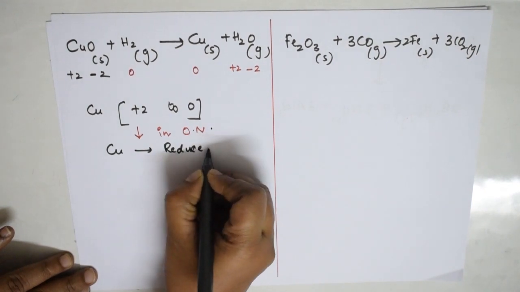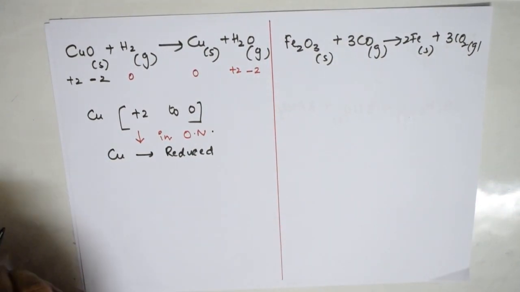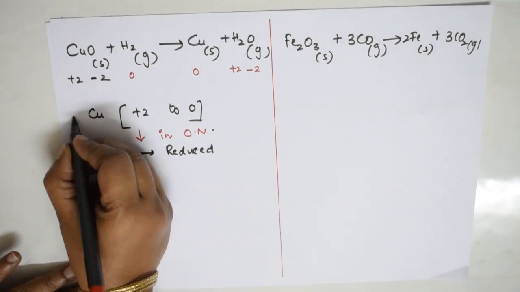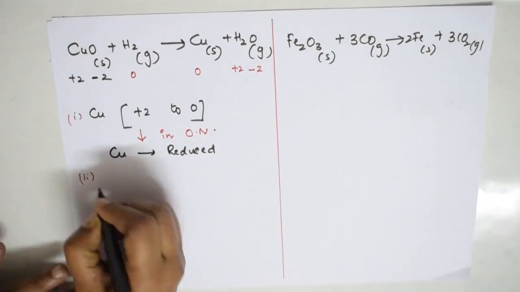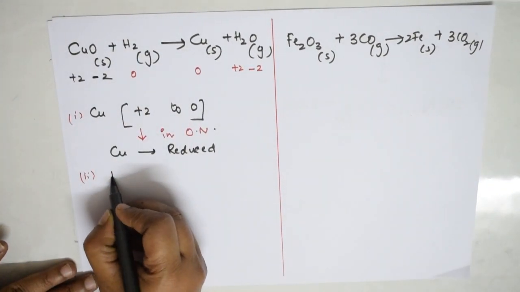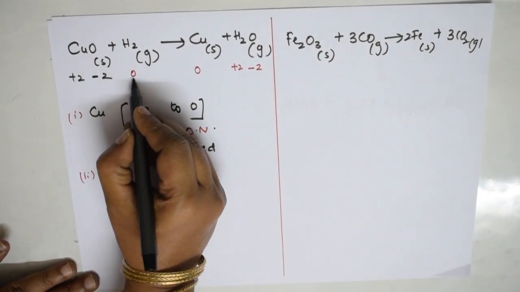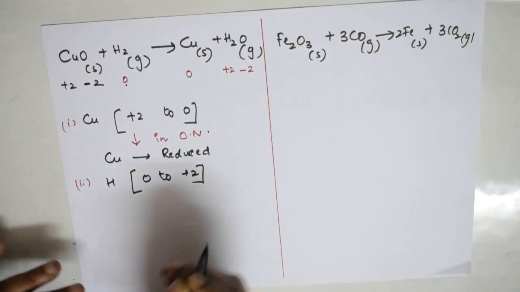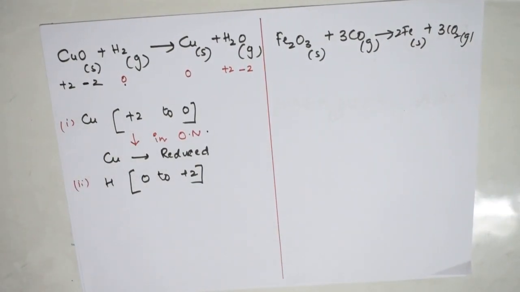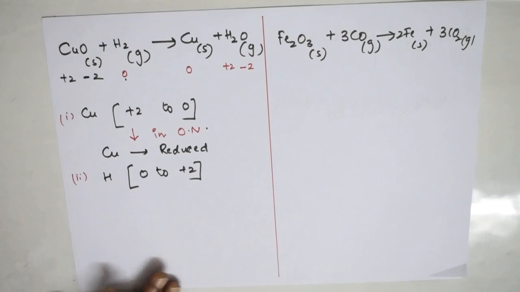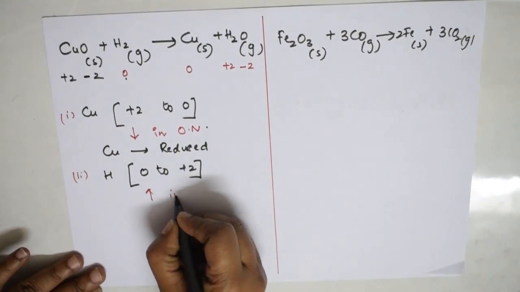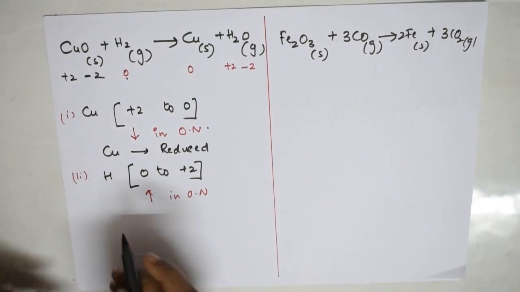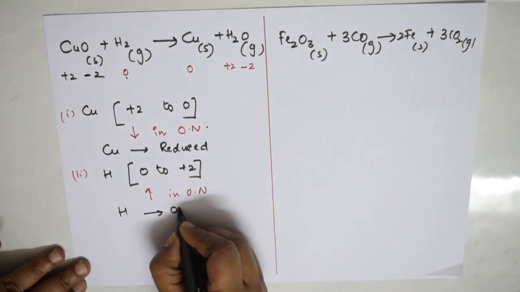Correct? Now next, let us take hydrogen. Hydrogen has gone from 0 to +2. So the oxidation number has increased. Increase in oxidation number means hydrogen is oxidized. Correct?